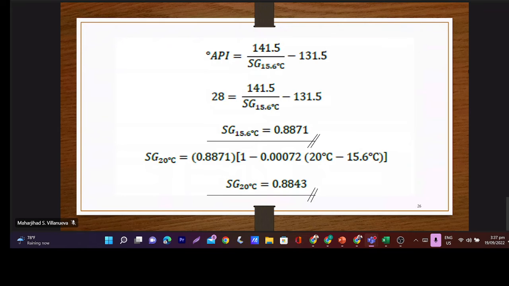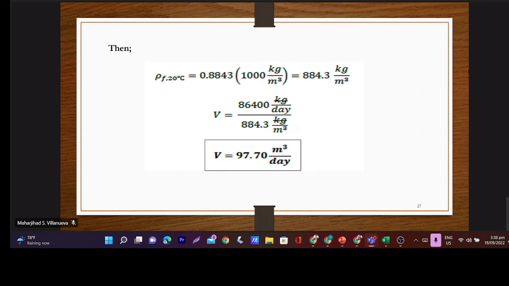So para makuha naman natin ang specific gravity at 20 degrees Celsius, substitute lang natin ang specific gravity at 15.6 degrees Celsius, then makukuha natin ay 0.8871 multiply to 1 minus 0.00072 multiply to 20 degrees Celsius minus 15.6 degrees Celsius. Ang makukuha nating specific gravity at 20 degrees Celsius ay equal sa 0.8843. Next slide po.